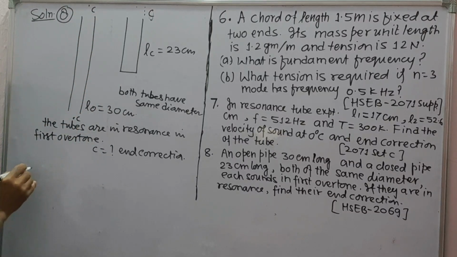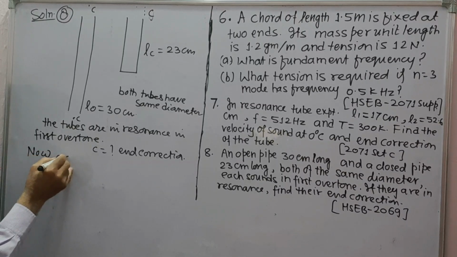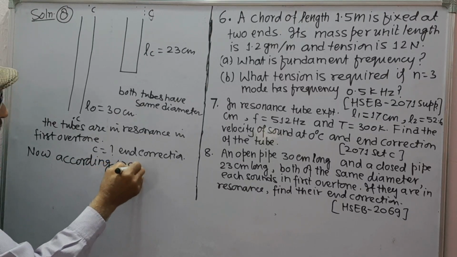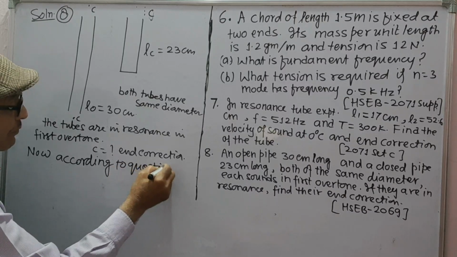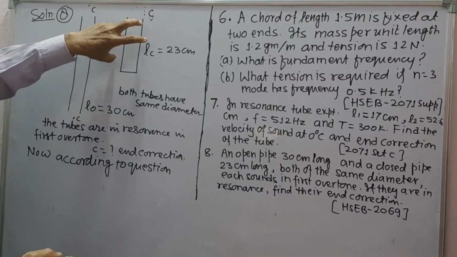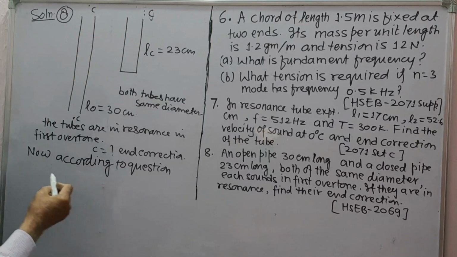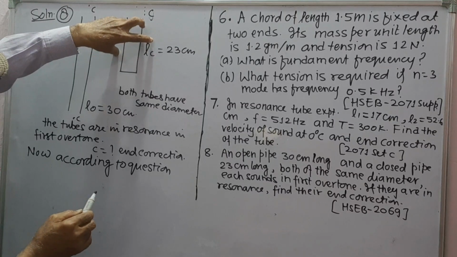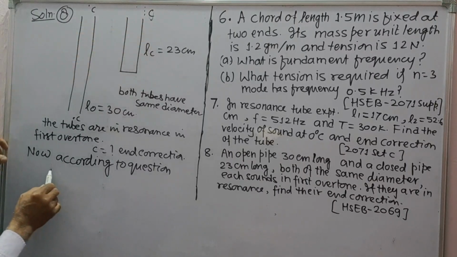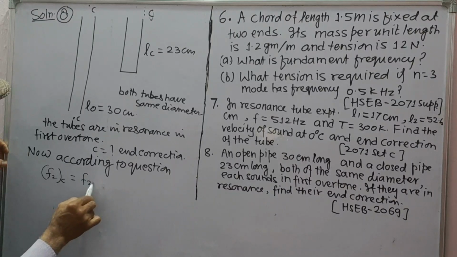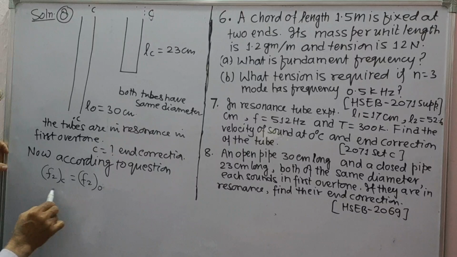Therefore, according to question, its first overtone frequency is equal to its first overtone frequency, means F2 of closed pipe is equal to F2 of open pipe.